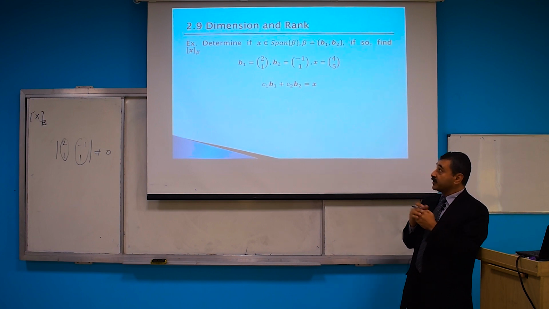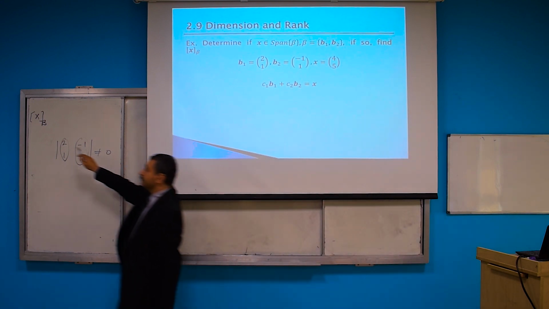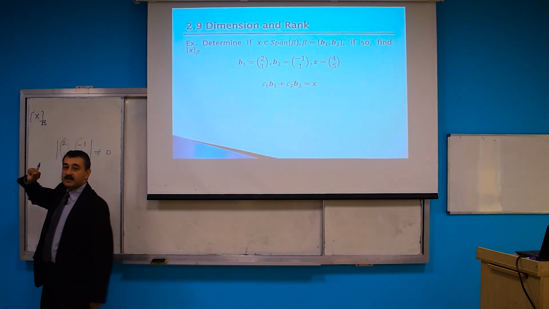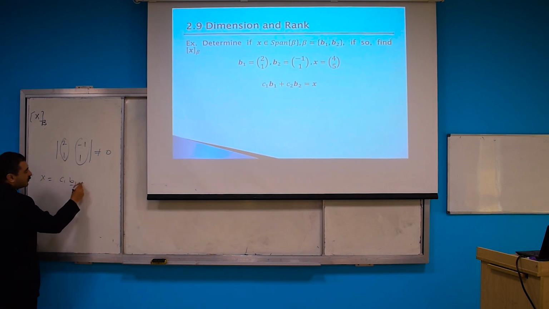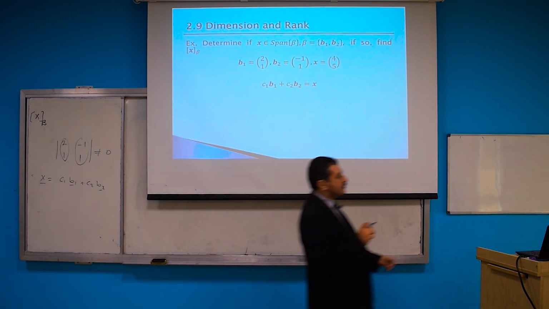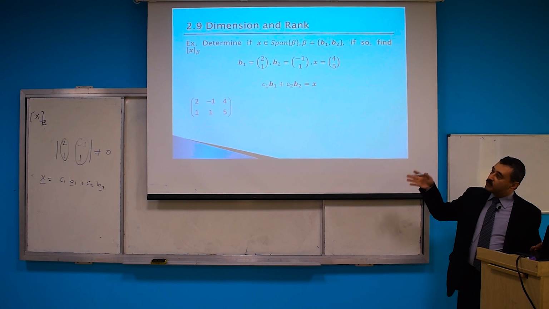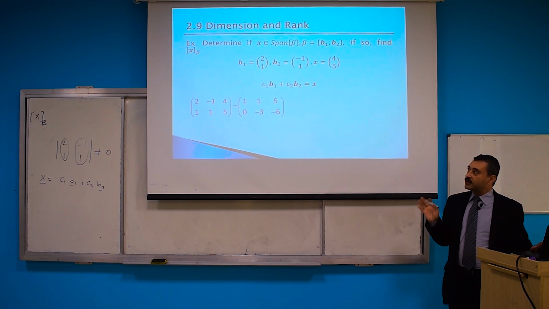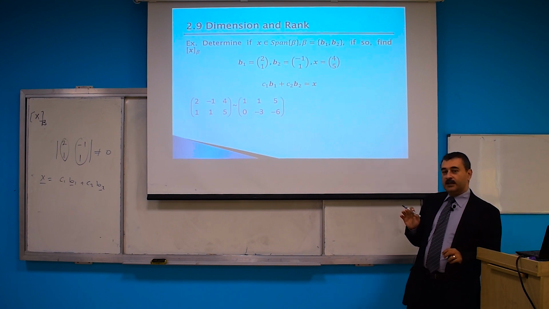So if I want to express x in terms of this basis to get x referring to this basis, it means that I want to write x as a linear combination of the basis. We solved this problem before using Gauss elimination, using reduction. So you put this in the augmented matrix, b1, b2, then x, and then do the reduction, and get the coefficients c1 and c2, right?